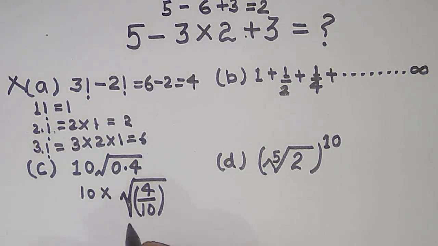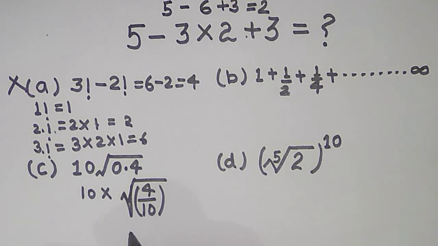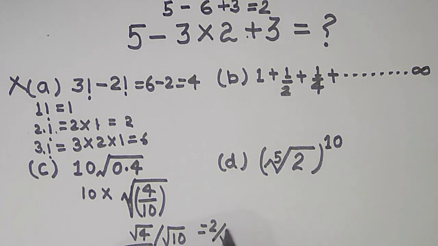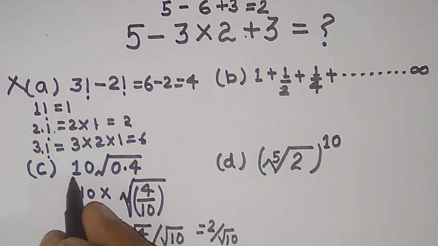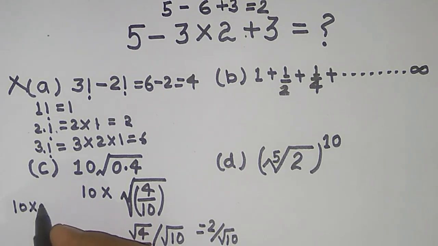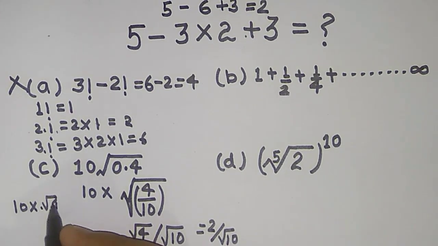Under root of a upon b is equal to under root of a upon under root of b. So the square root of 4 will be equal to 2 and the square root of 10 will remain the square root of 10.